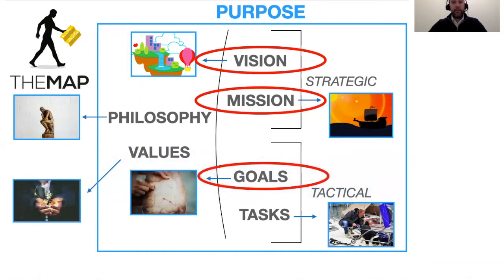Okay, and next we're starting to talk about some of the tactical elements of the concept, and that is beginning to define the goals that are linked to our mission and vision. And this is really about breaking that mission down into subsections. And goals tend to be more short to medium term. So maybe 12 weeks, maybe 6 months. And again, this is where I know I've made mistakes in the past.